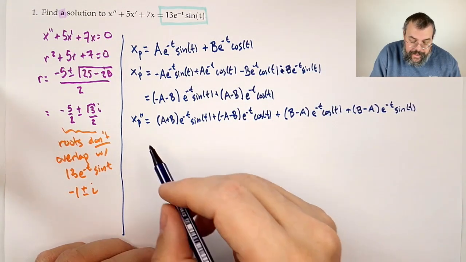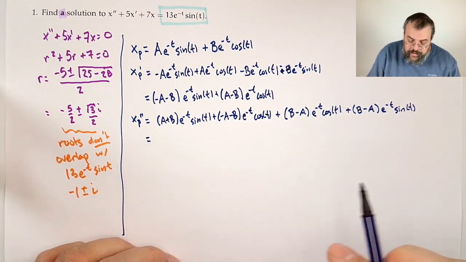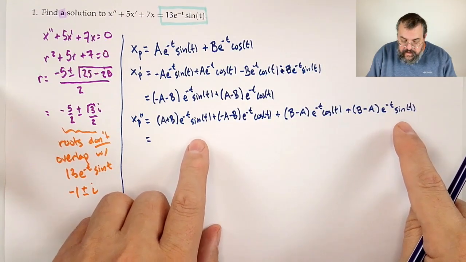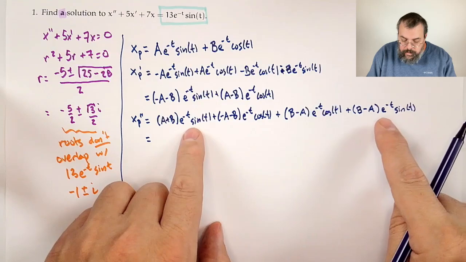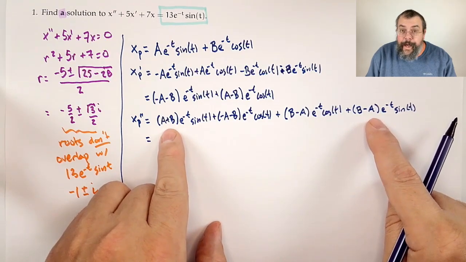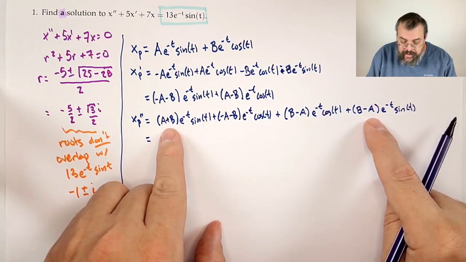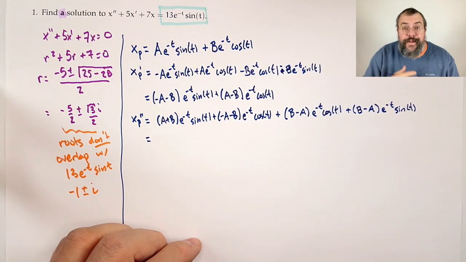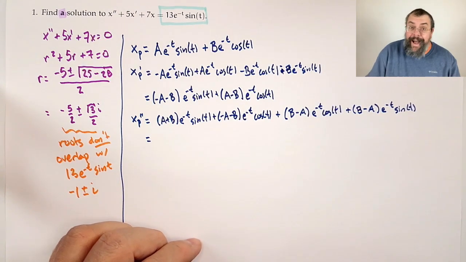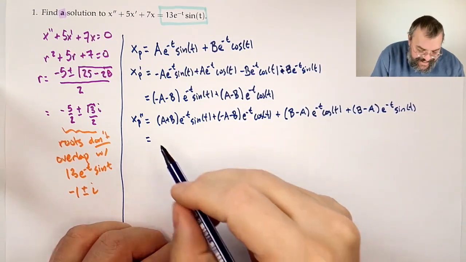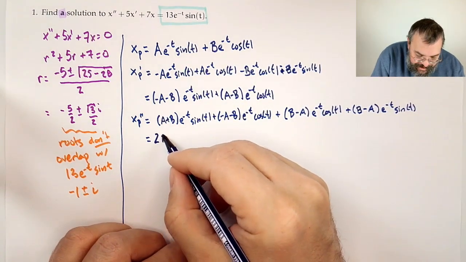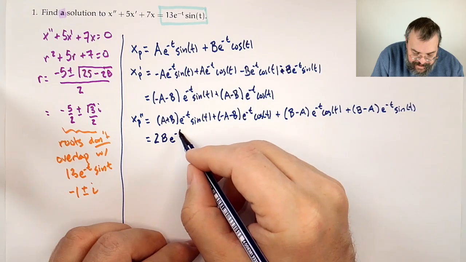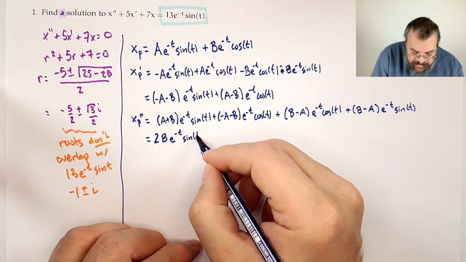All right, again, we group. So e to the minus t sine t, what do we see? We see a plus b, and we see a b minus a. The a's cancel, and I guess it was meant to be. Oh, come on. You know we had to do that. 2b e to the minus t sine of t.